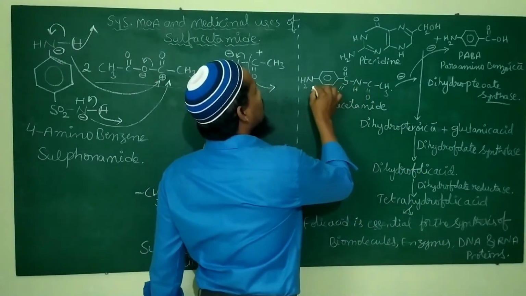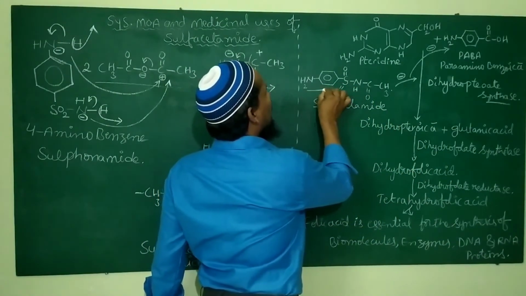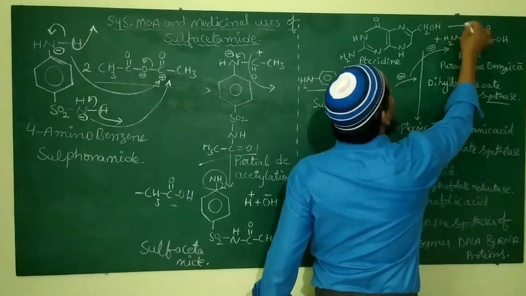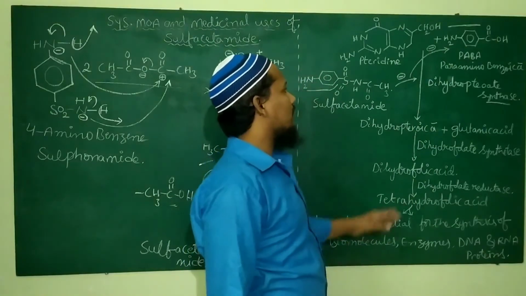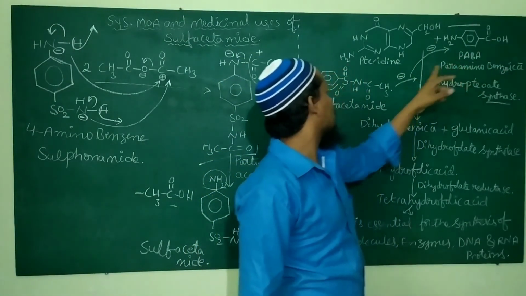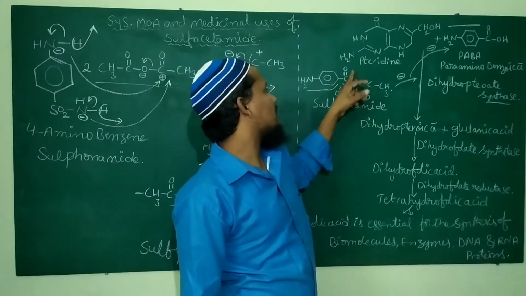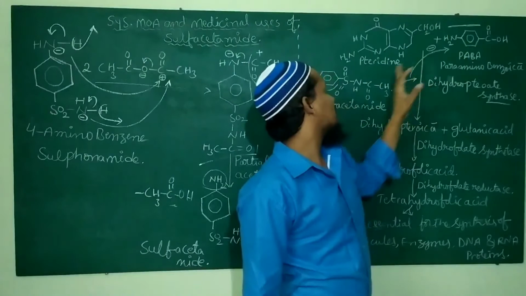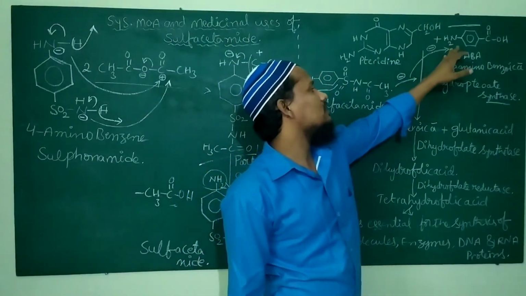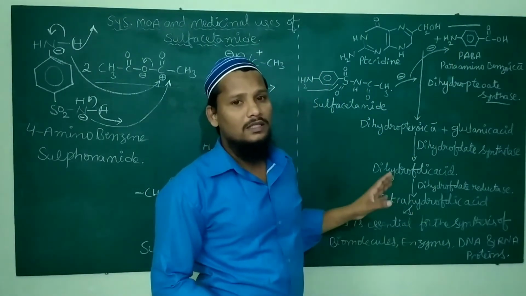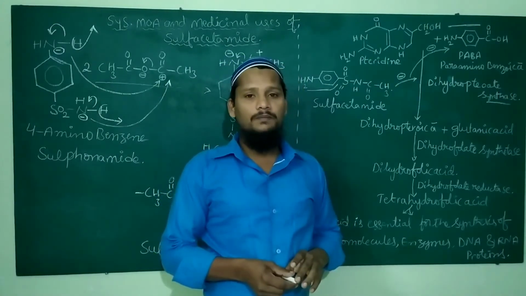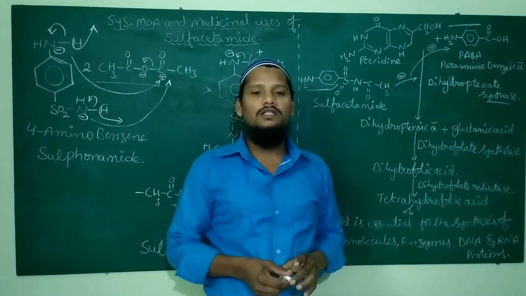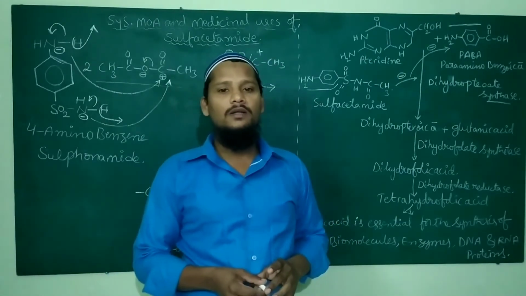Up to this anilyl functional group, the para-amino functional group, and here also the para-amino anilyl functional group, both are similar, and PABA has a COO functional group, and sulfacetamide has an S double bond O O functional group, meaning the sulfonamide is structurally similar to PABA. Like this, it blocks the synthesis of folic acid that is essential for the bacteria for the synthesis of DNA, RNA and the biomolecules.